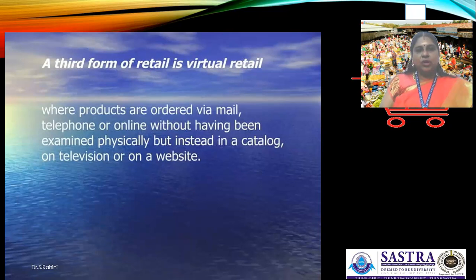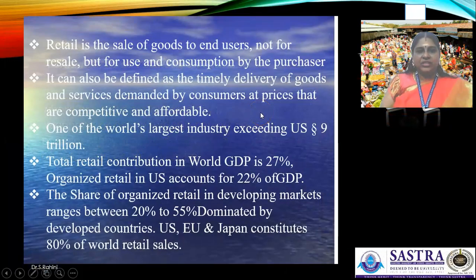Instead, in a catalog, on television or on a website, we are just visualizing the products. Even nowadays the visual may be in 3D, seeing the 360-degree dimension of the products through online websites, and we are just making the purchase. So this is the third form of retail.